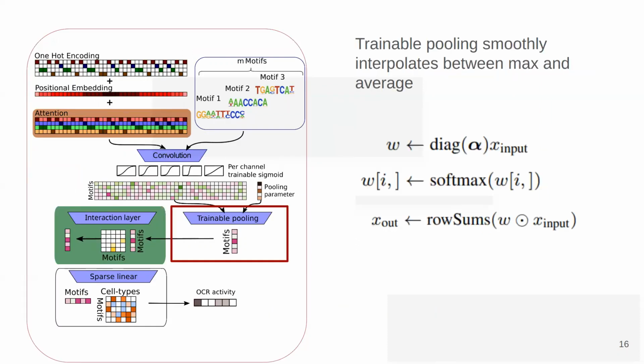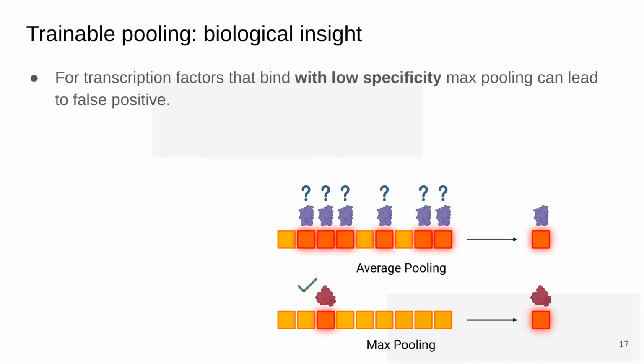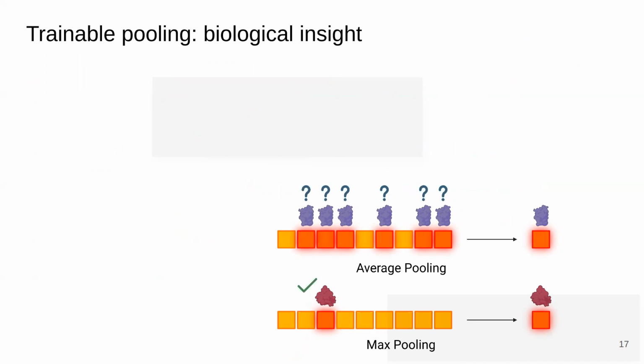After that, the next layer is a trainable pooling, which is a pooling method that interpolates between max pooling and average pooling. The biological insight for this is that generally we don't know whether we should do max pooling or average pooling, and which one would be best.